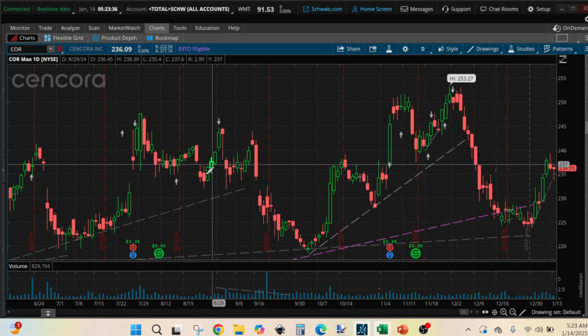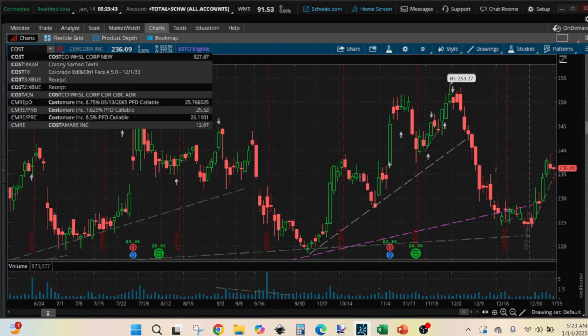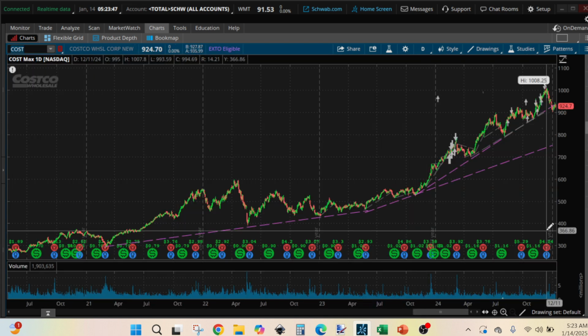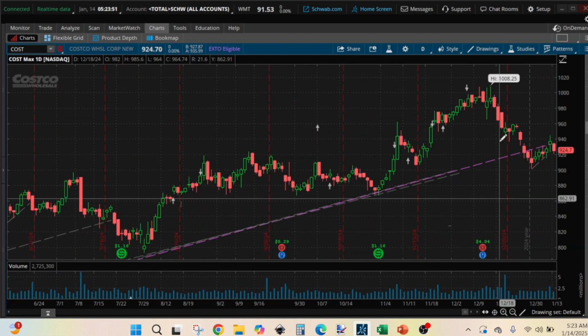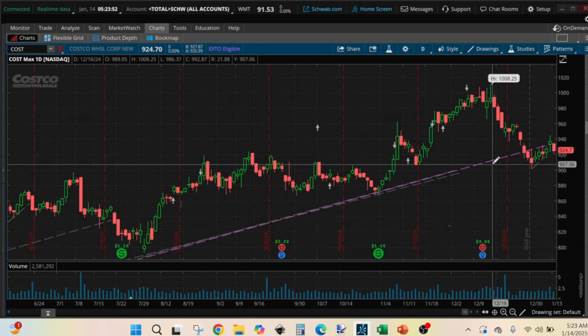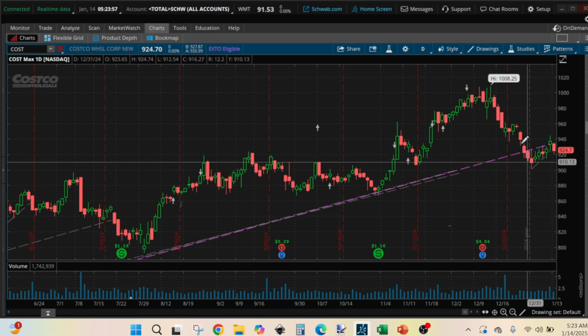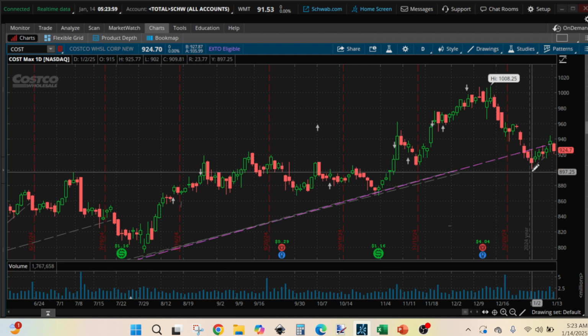COST is the next one. So COST is at the price at the trend line where we like to buy. It went below it and started making higher lows there.